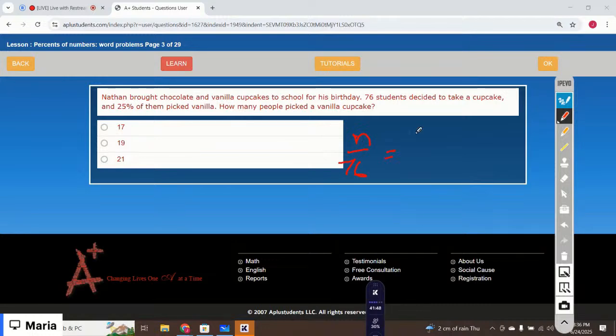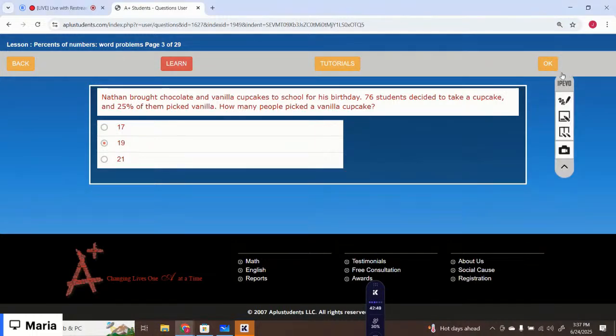So n over 76 equals 25 over 100. So n equals 25 times 76 over 100. That equals 19.